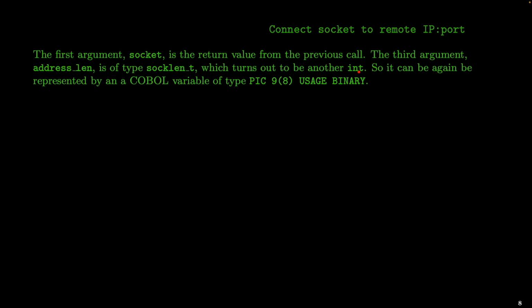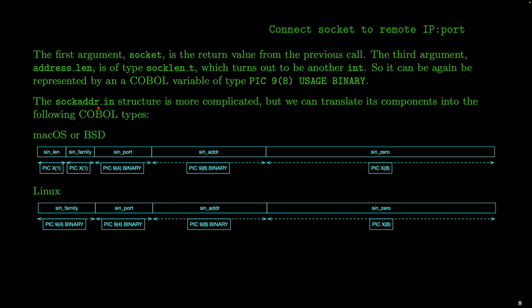So in COBOL, you can represent this argument here, the third one, again by this COBOL type, the binary numeric type with 8 digits. For the sock_addr_in structure, it's a bit more complicated, but with the table we had in the beginning, we can translate its components into the following COBOL types.